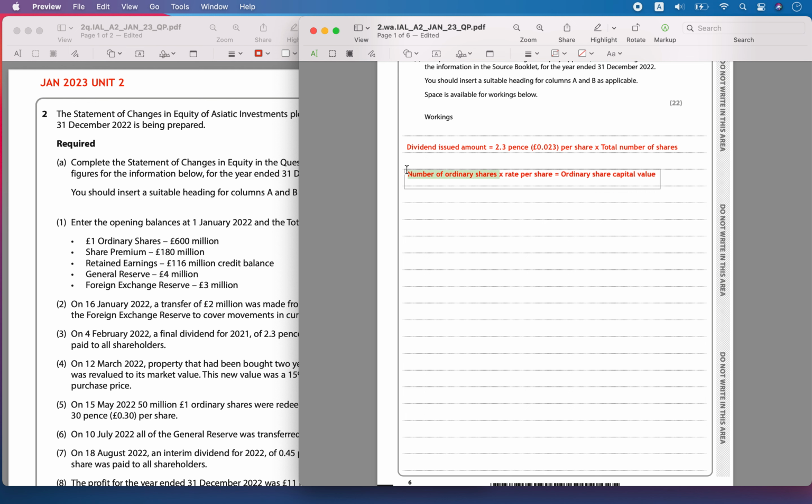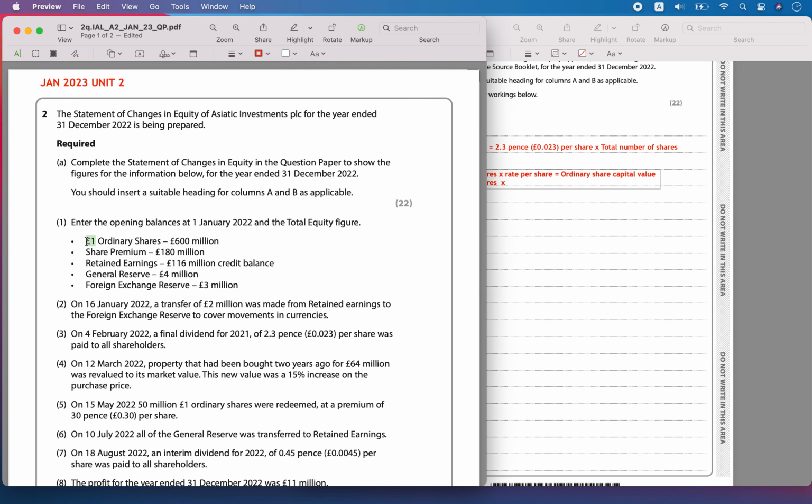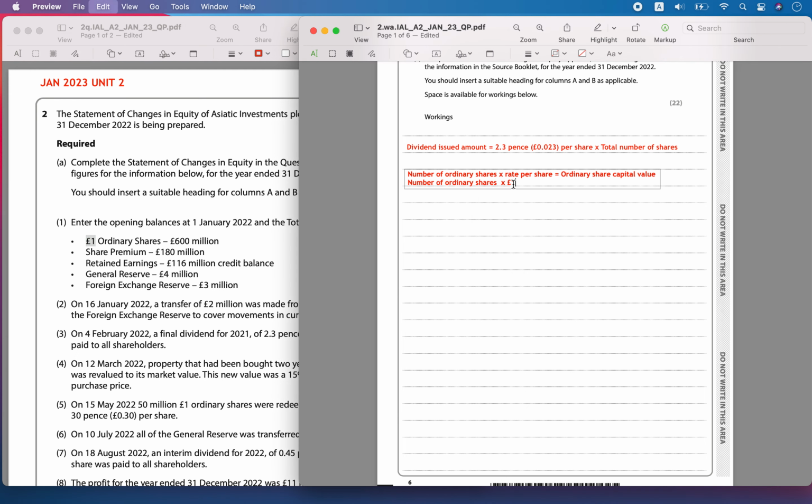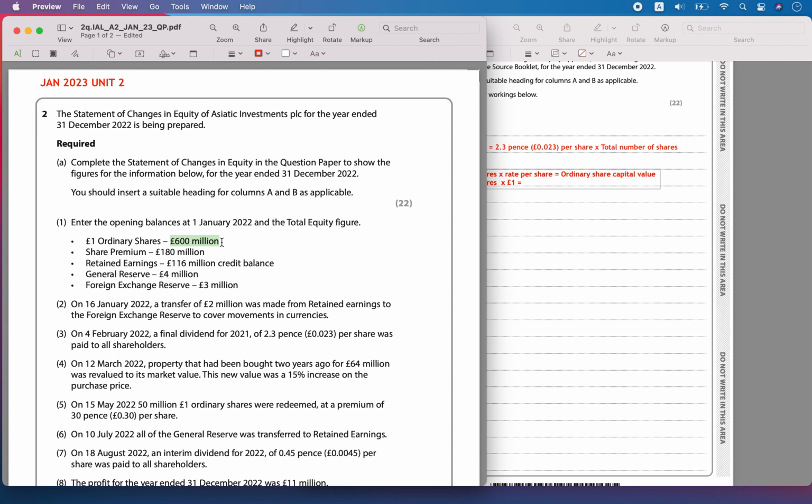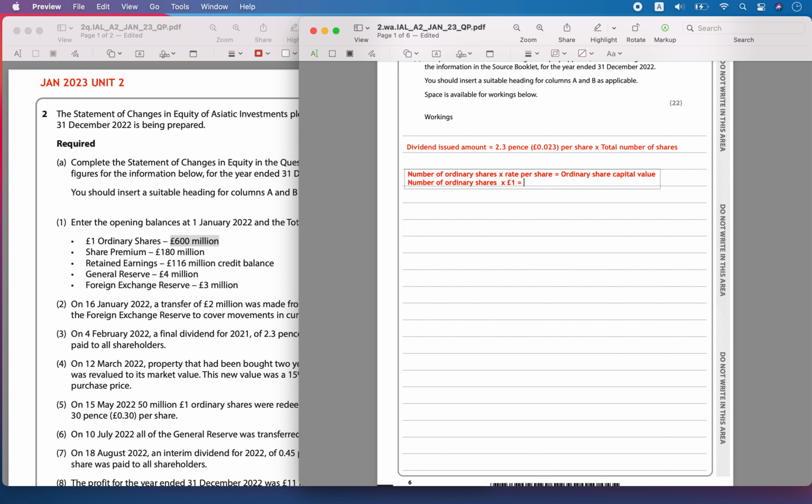We want to calculate the number of ordinary shares. We know the rate per share is 1 pound, and the value they have given is 600 million, so the number of ordinary shares is going to be equal to 600 million ordinary shares.